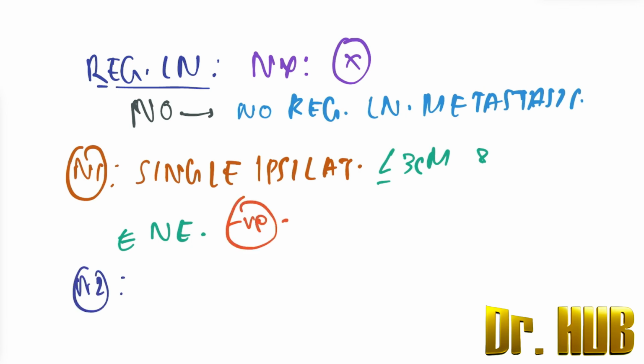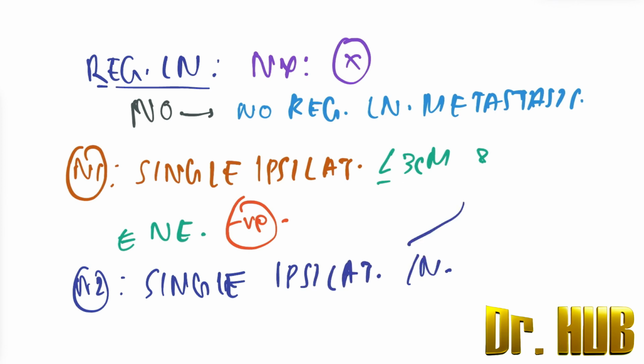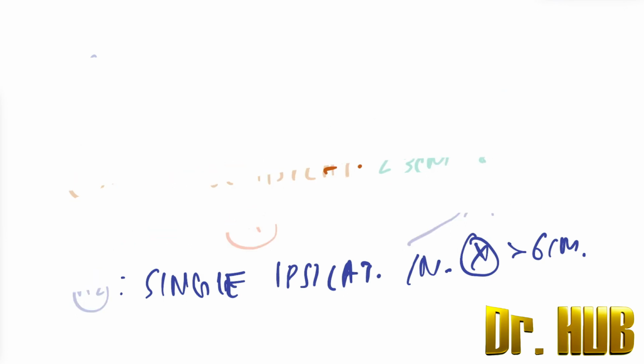Now what is N2? N2 means there is a single ipsilateral lymph node that is greater than 3 centimeters, but not greater than 6 centimeters, and the ENE, the extranodal extension, is negative.